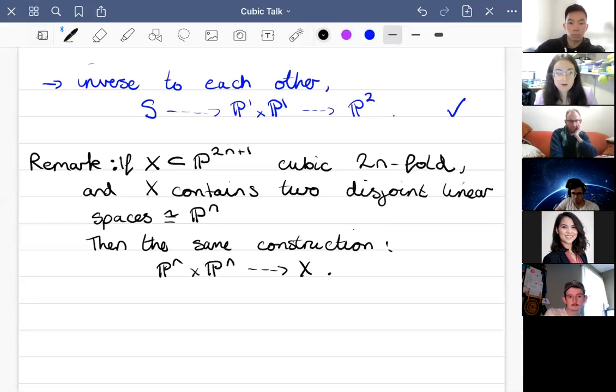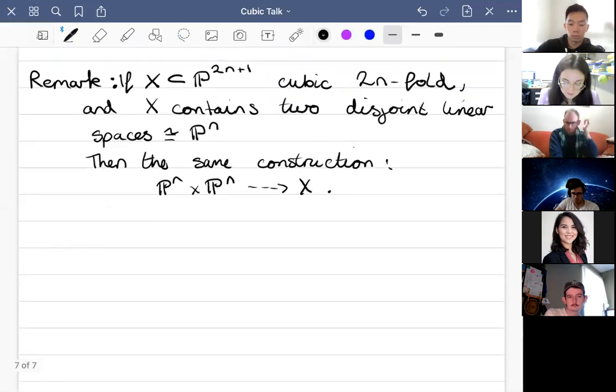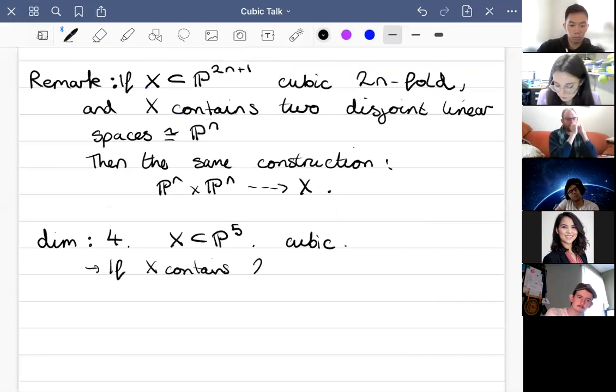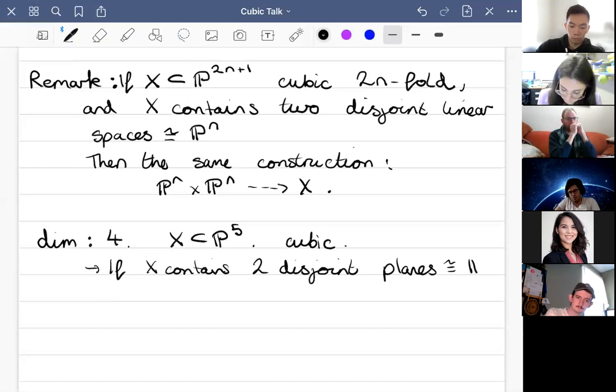So for instance, let's consider dimension 4. So X would be a subset of P5, a cubic fourfold. And what this remark says is if X contains two disjoint planes, so planes here are just subspaces that are isomorphic to P2, then X is rational.